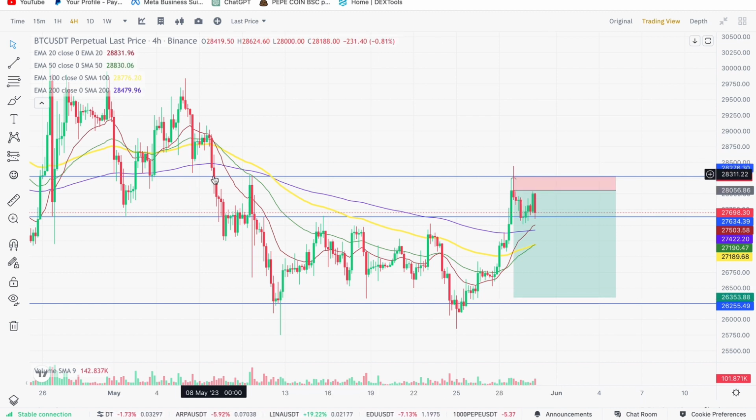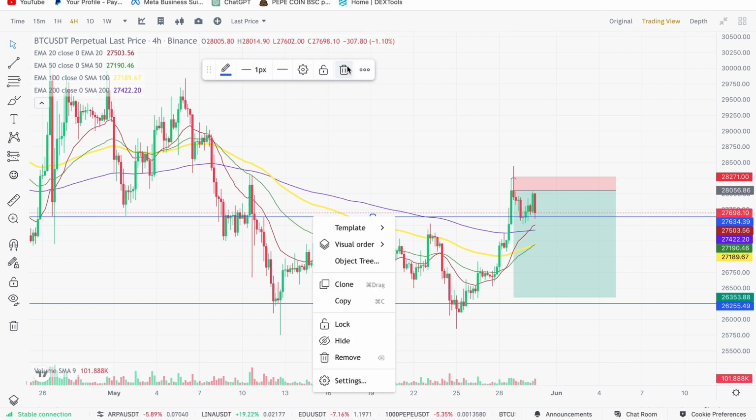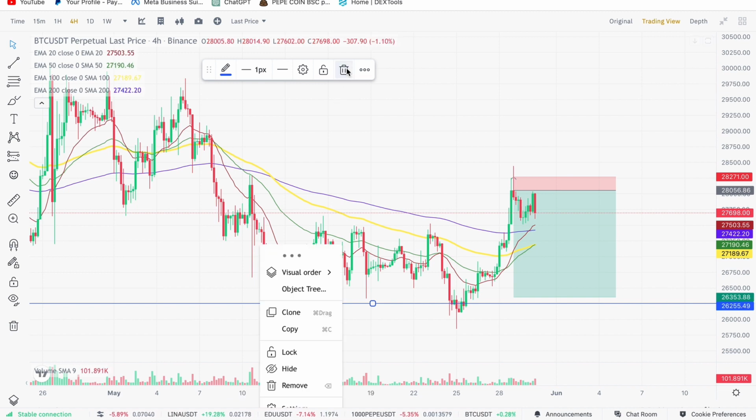If you also want to remove the trend line, just click on it, then click on the delete button here, then click on this one too, right click, and click on the delete, the dustbin, then you delete them.